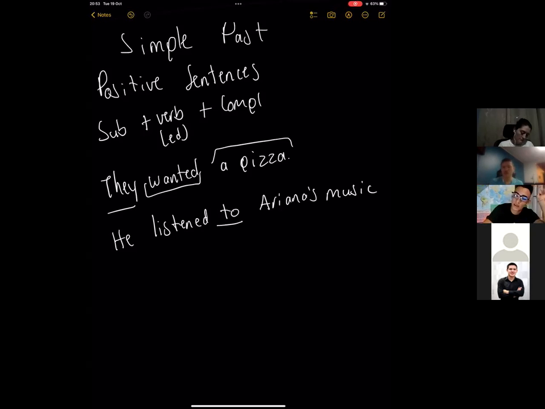En este caso sería como, he listened to Ariana's music. En esos tiempos se usa el to, hay que arrastrarlo. Exactly, for listen, no para todos, sino para listen específicamente. Es como el mejor amigo que te va con él a todo lado. ¿Y el go? No necessarily, depending on the context.